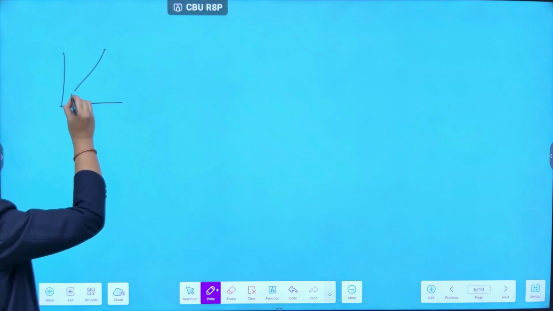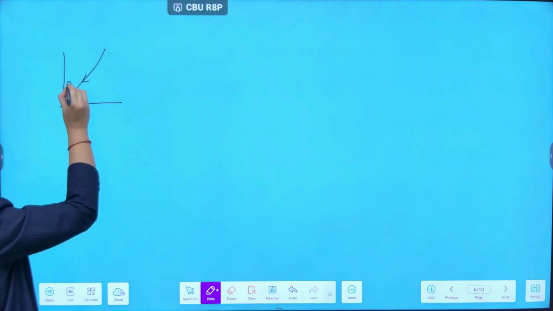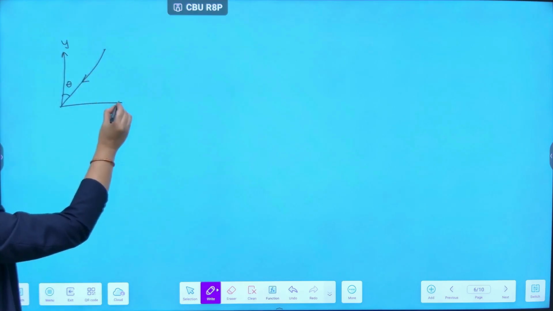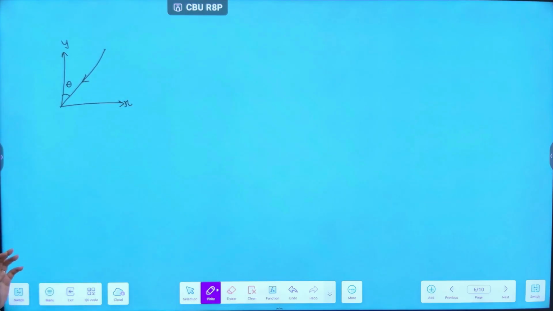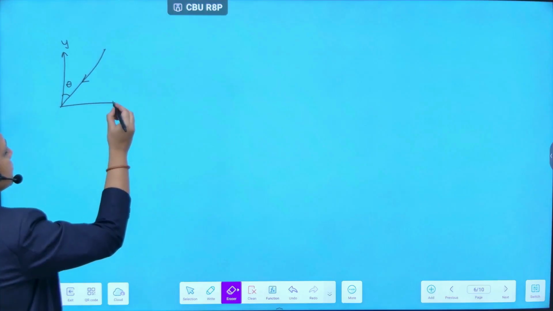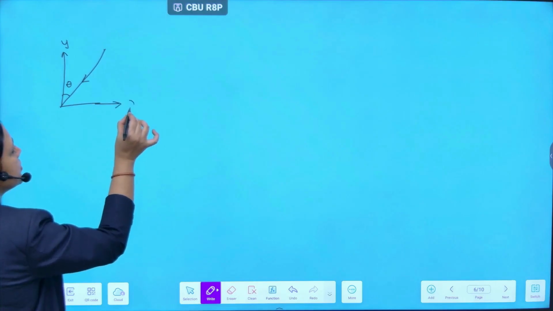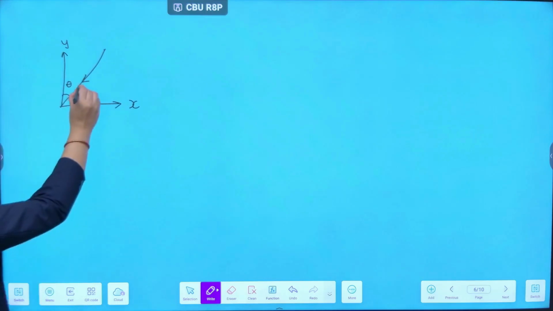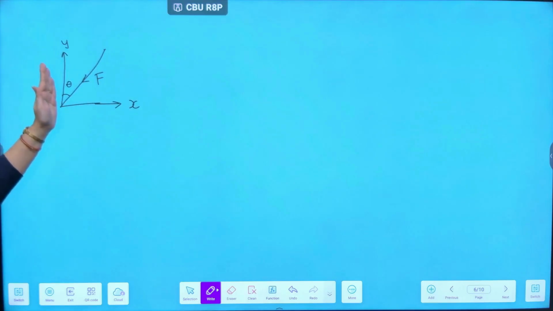If my force F is acting at an angle theta with respect to the y-axis, and this is the x-axis, then as I said, the force will be resolved according to the angle it is making with respect to that axis.